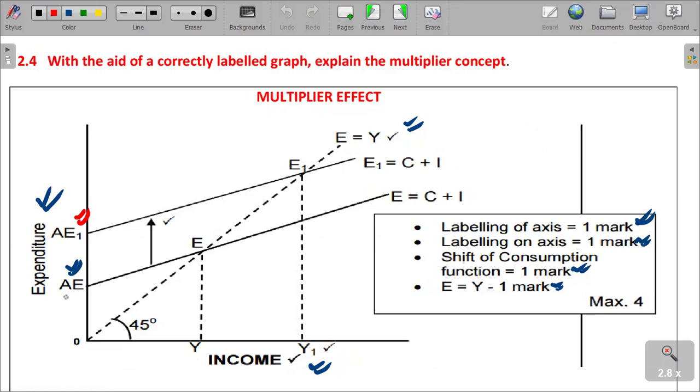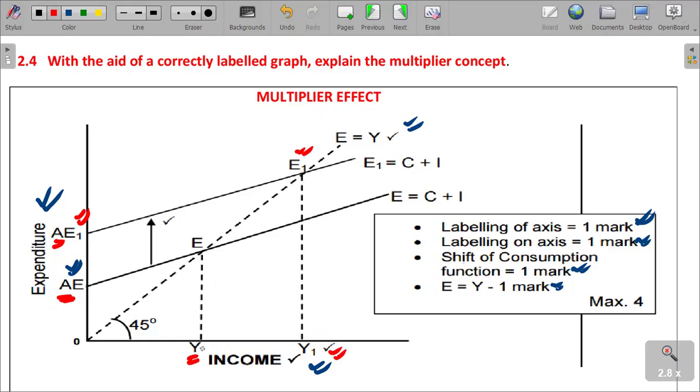So we have an increase in expenditure from AE to AE1, and our initial income is at Y. If it increases to AE1, we are going to move to E1, which is our expenditure. Now we find our income as Y1.